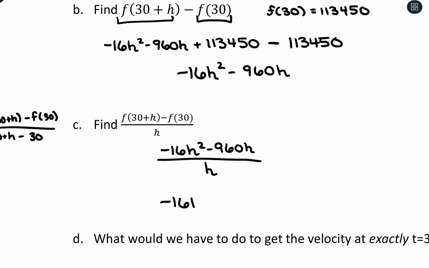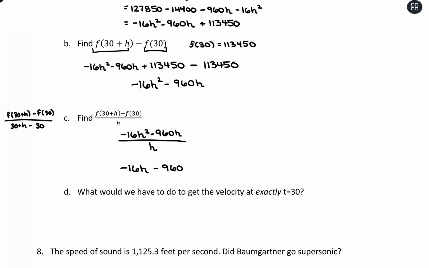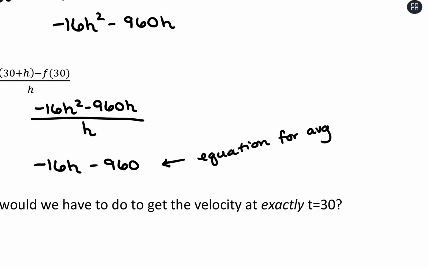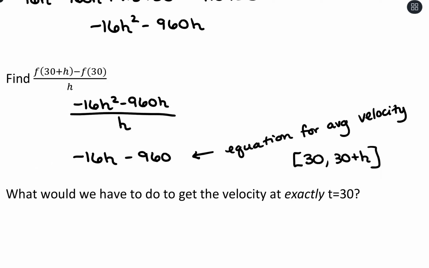So we'll have a negative 16h minus 960. So this is giving us an equation for average rate of change, or let's go with average velocity in context here, over the interval from 30 to 30 plus some amount, depending on what h is.